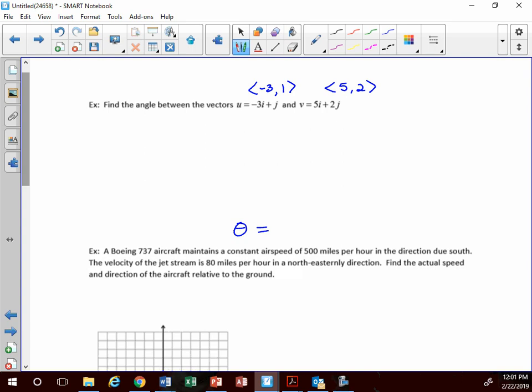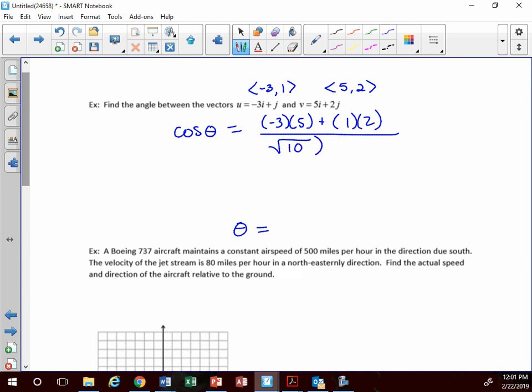All right, let's go through it, guys. When we're finding our angle here, you've got your formula. It's the dot product between the two vectors. So -3 times 5 plus 1 times 2, over the magnitude of the first, which did you get square root of 10 for that?